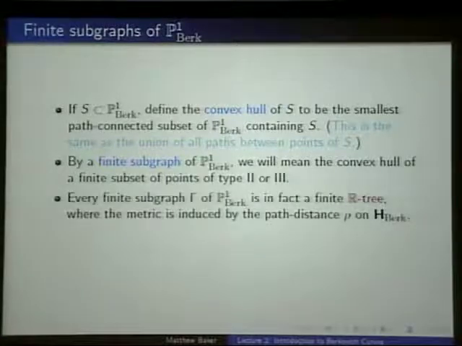Yes? Okay, so the question was whether it follows from the definition of an inverse limit of finite trees that the space you get is actually a tree.